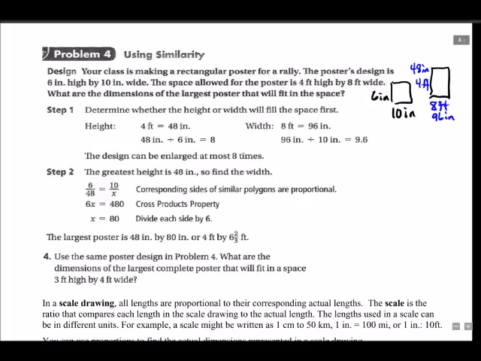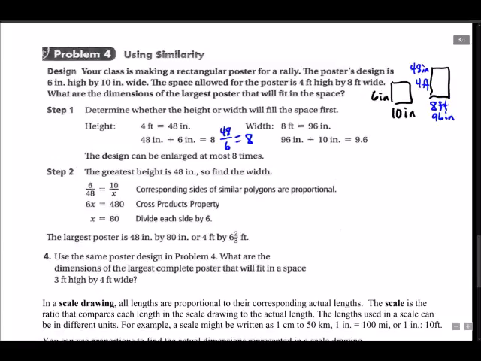So if we look here at what has been done, we take 48 and divide by 6. That's our ratio, right? Our heights are going to be proportional. So a 48 to 6 inch ratio, 48 divided by 6, is 8.